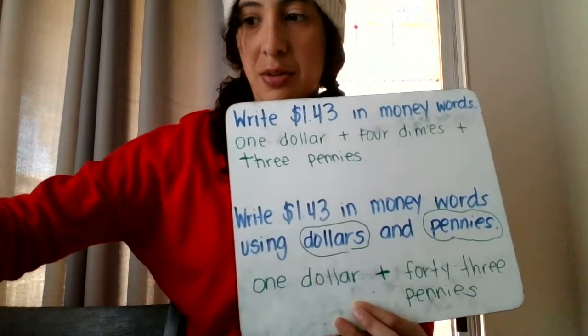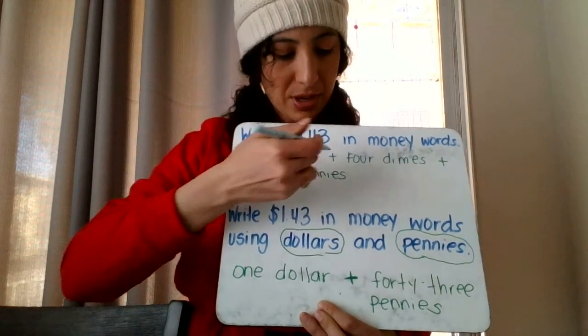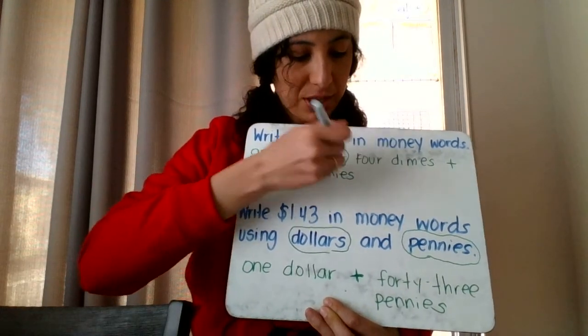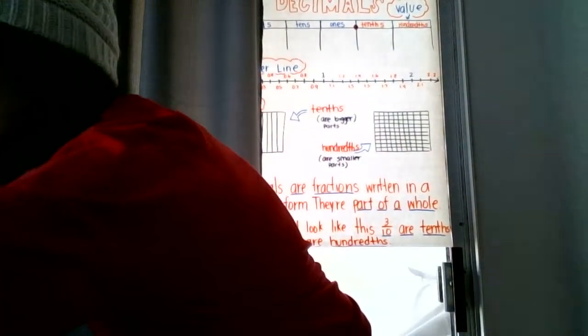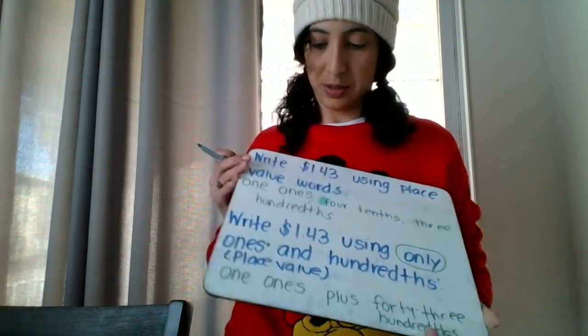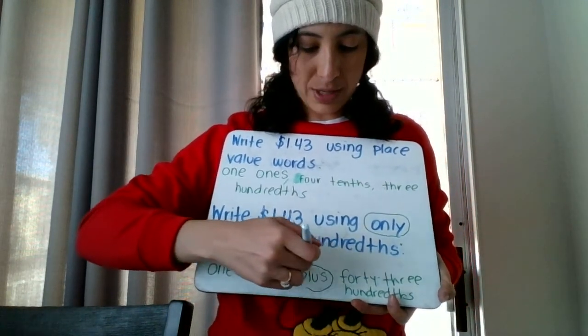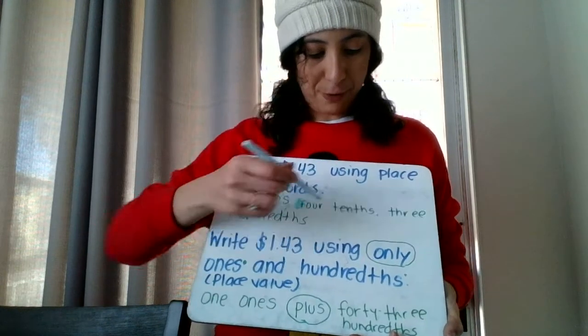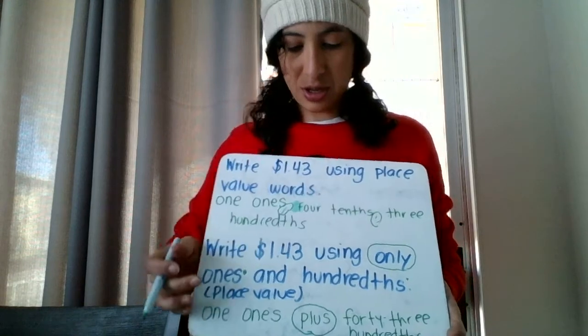Okay. Now, some of you might be wondering, how come I use a plus symbol here and here, and how come for this one I use the word plus, and for this one, I used commas?